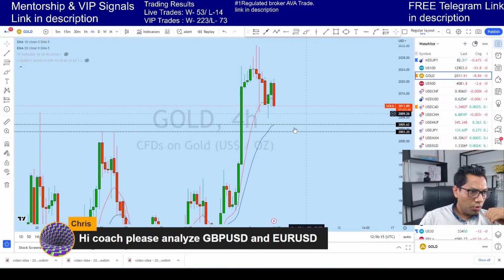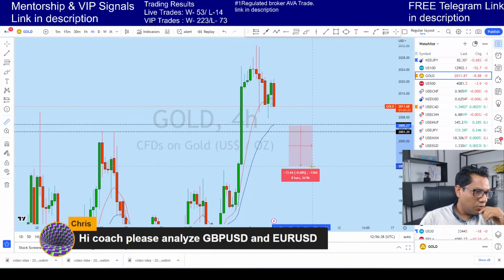We'll look for a bullish setup once you see that strong rejection from the bottom. So there is an imbalance here. We might see this drop, but it's not a big, long drop for sure.